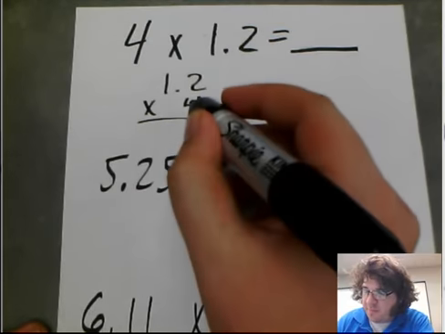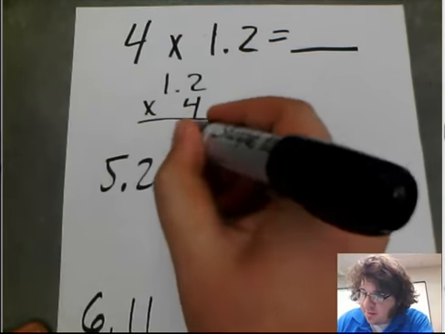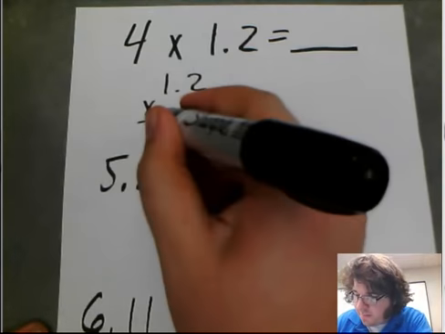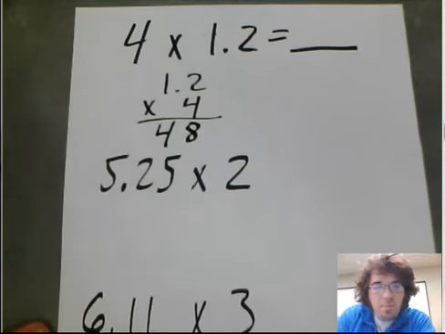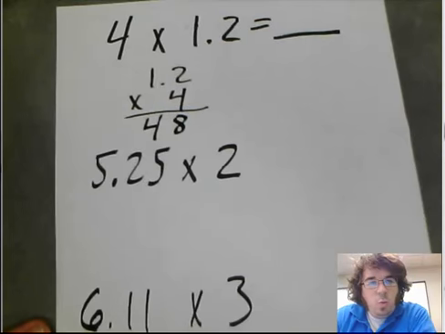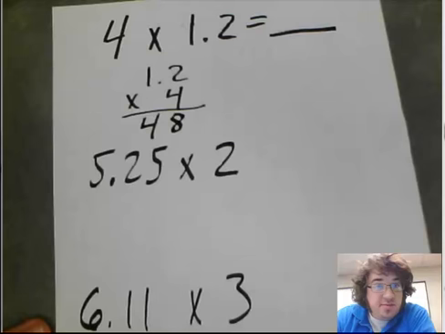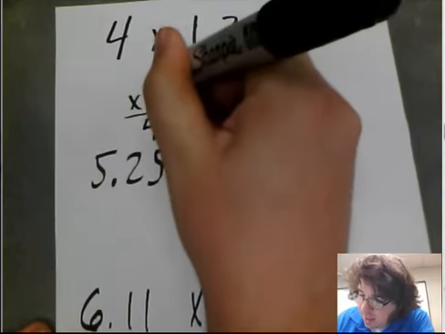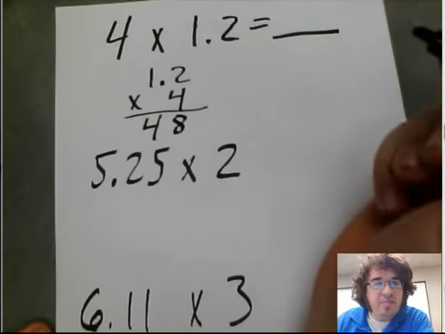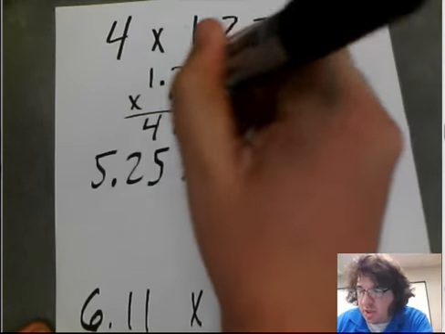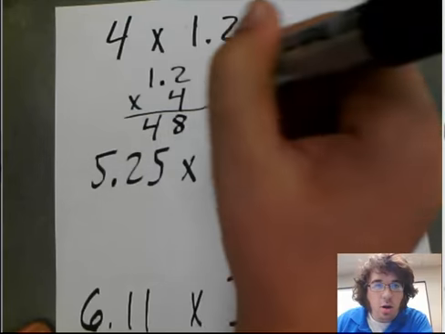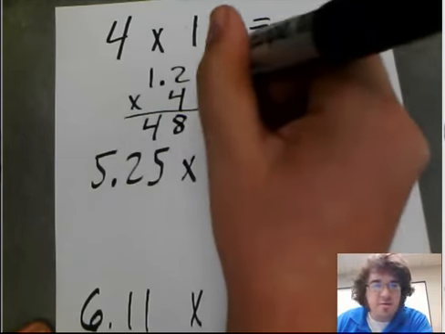Alright, first off, 4 times 1 gives me 4, and 4 times 2 gives me 8. Now, where does my decimal point go? That's a big question. It's a valid question. What we do is count how many spots in our entire multiplication problem are after the decimal.